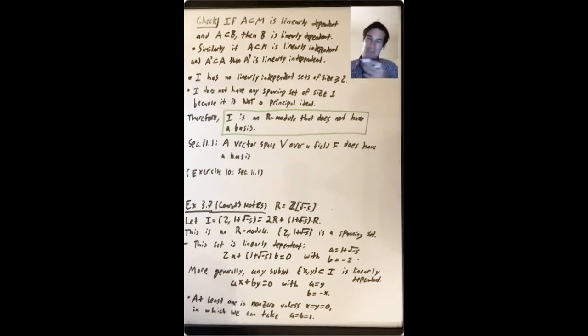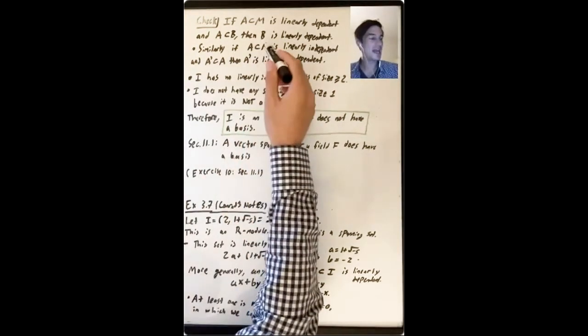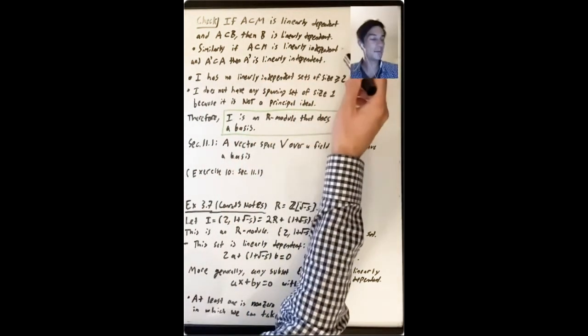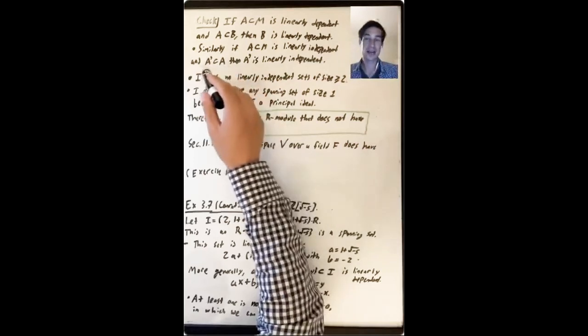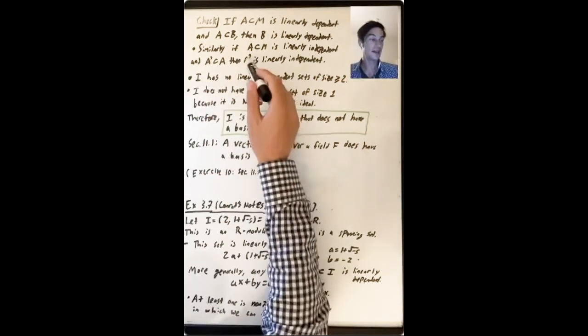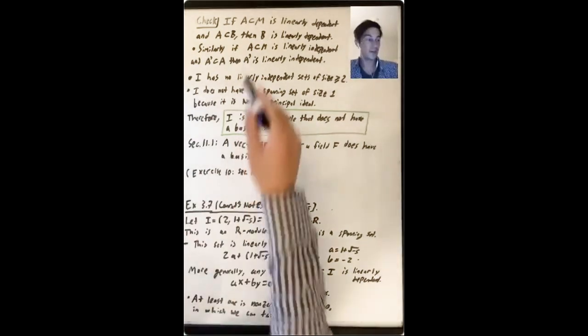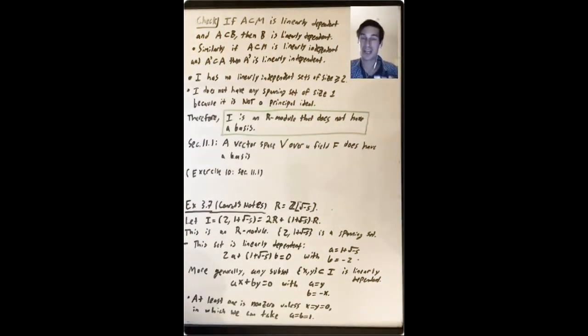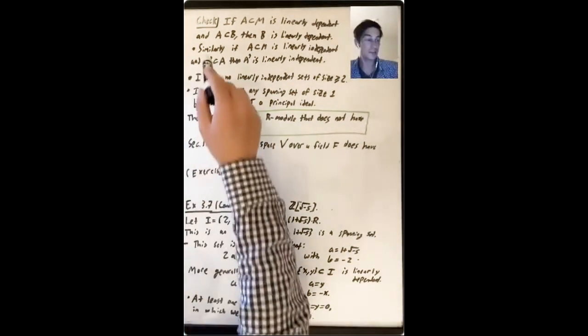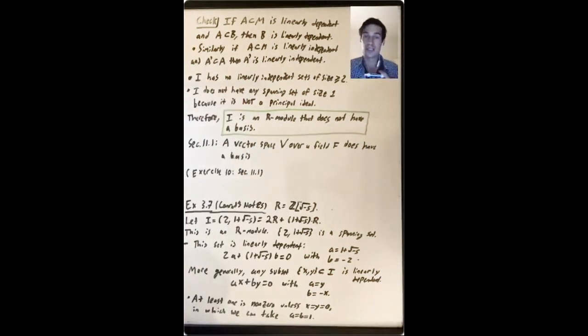Similarly, but in kind of an opposite direction, if A in M is linearly independent, and you have a smaller set, a subset of A, then that smaller set is also linearly independent. Why? Because if there was no non-trivial relation among the elements of A, if you take a smaller set of elements, you can't suddenly acquire a non-trivial linear relation.